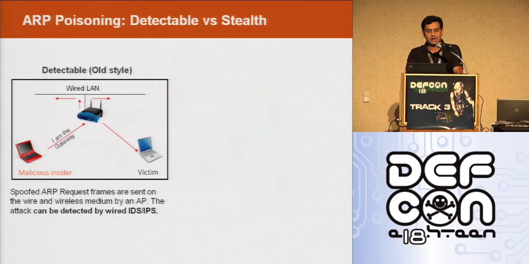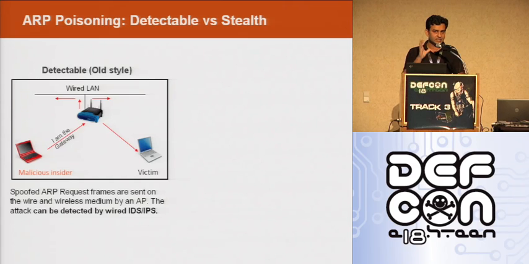Now one can ask, what is the difference between this and the old, conventional style of ARP spoofing attack. No matter if you are using a WPA2 network, I can always use an ARP spoofing attack. I can always launch an ARP attack to do man in the middle. So in this old style ARP spoofing attack, your packet first goes to the access point.